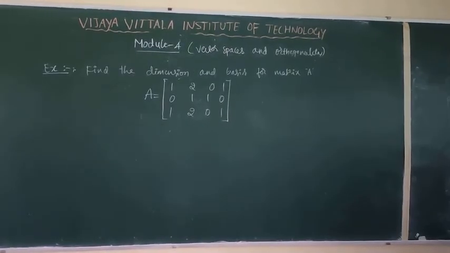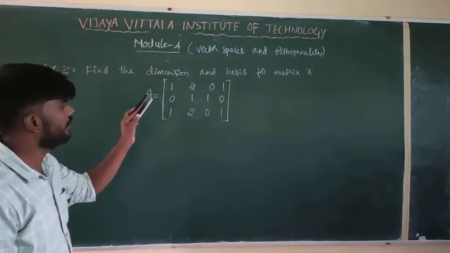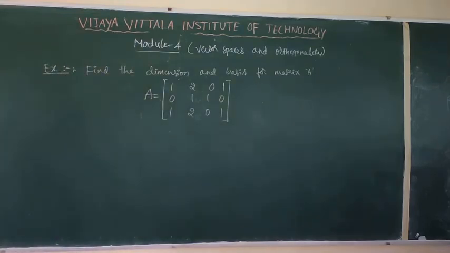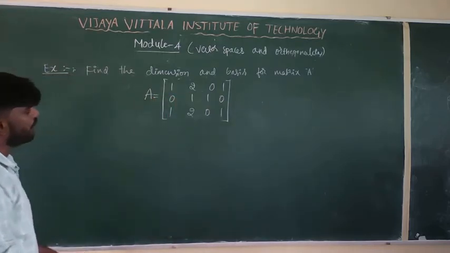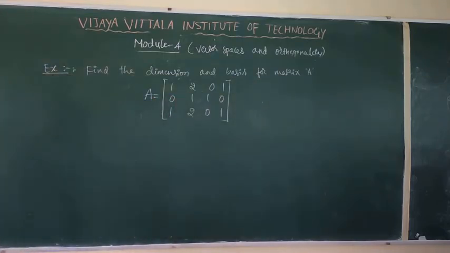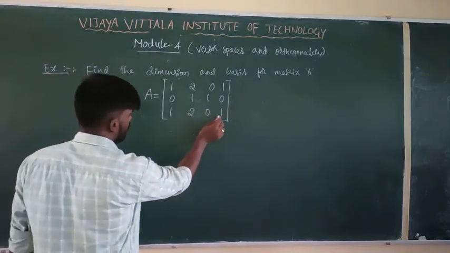So now we will solve a problem on dimension, to find the dimension and basis for the given matrix. The given matrix is A equals 1, 2, 0, 1; 0, 1, 1, 0; 1, 2, 0, 1.